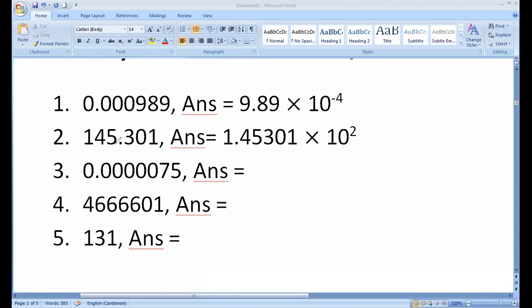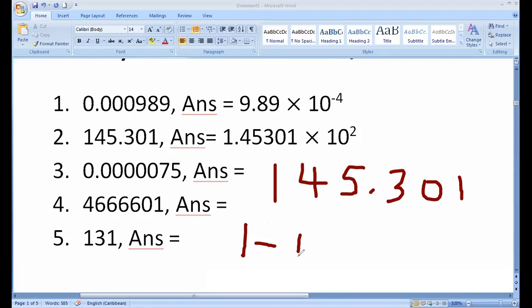All right, so it is 145.301. So the rule says what? The number has to be between 1 and 10. Some of you guys are not remembering this rule, and you need to remember it. 145 is bigger than 10.